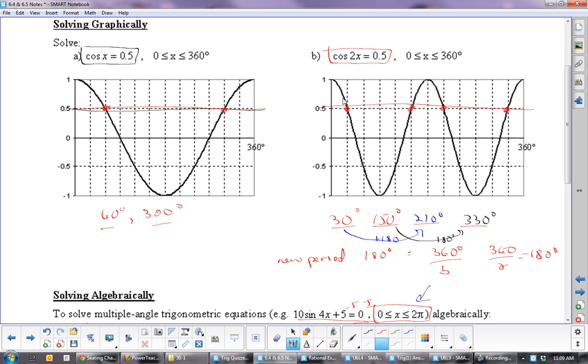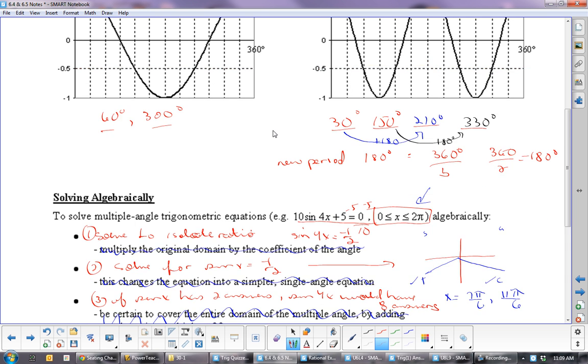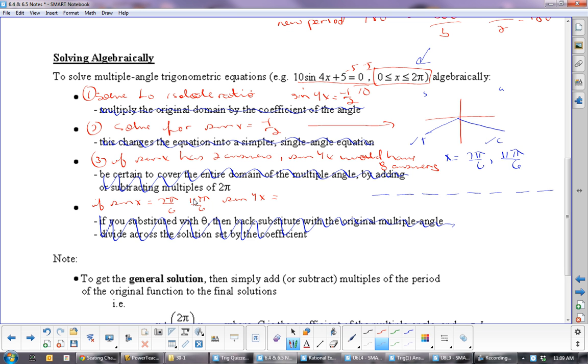And that's how we would do it normally, right? That's how, if I just gave you this picture and I said do a horizontal stretch by a half, I hope you would half all the x's. Okay? So we're going to half, well no, we're going to quarter these x's. Okay? So then for sine 4x, what would be my first answer? 7 pi over 24 and 11 pi over 24.